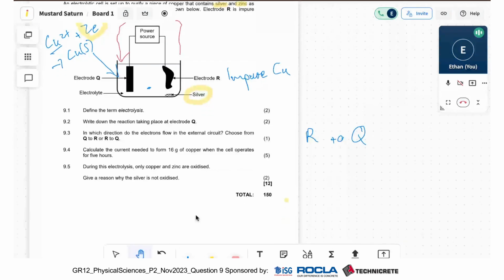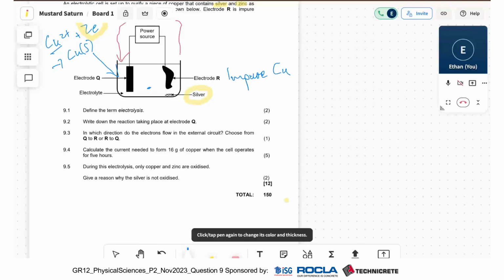Moving on to 9.4, calculate the current needed to form 16 grams of copper when the cell operates for 5 hours. All right. They want us to do some math, so let's do some math. It's always a good thing to just write down the information you have.